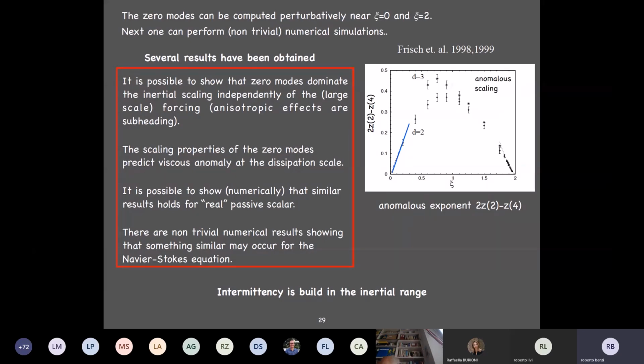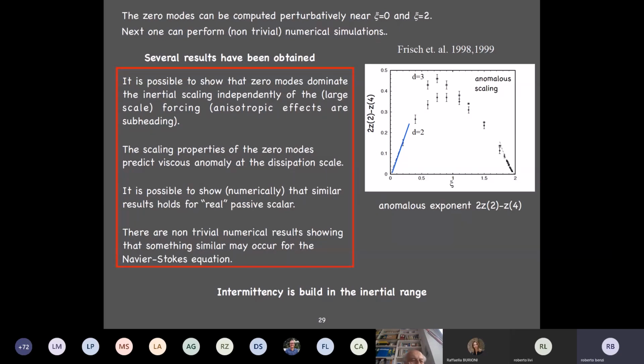Eventually, this anisotropic effect, although very slowly, will decrease when you look at very, very small scales, but they have a subleading effect. Okay? You can also predict what was assumed by Kraichnan, namely that there is a viscous anomaly. In other words, when you multiply the diffusivity by the gradient square of the temperature of the scalar field, then you have something that is independent of the turbulence effect when the Reynolds number goes to infinity.